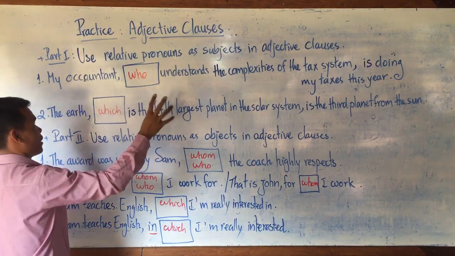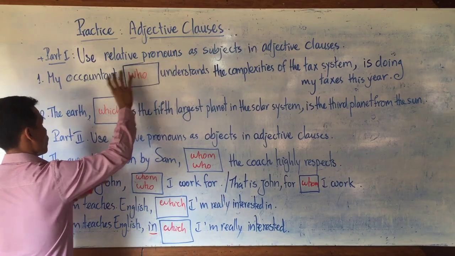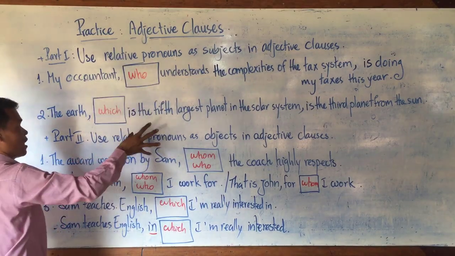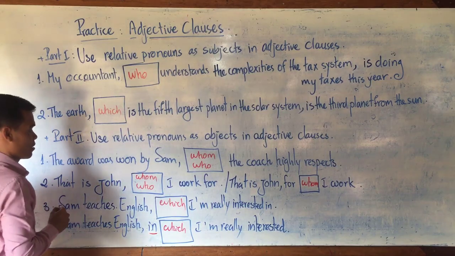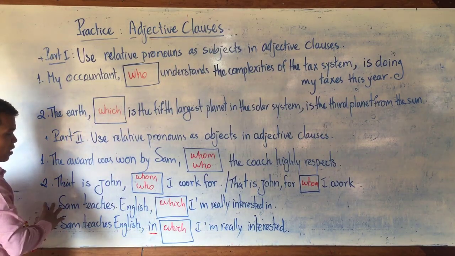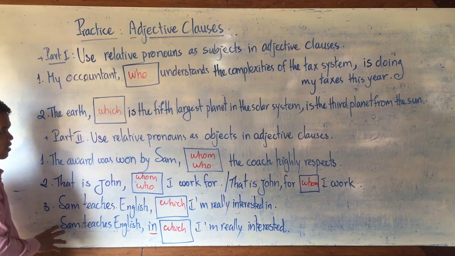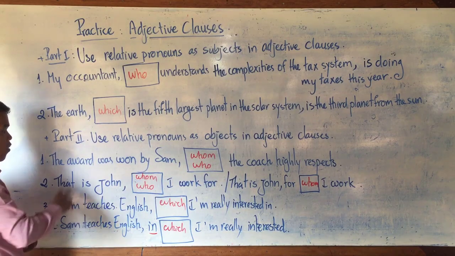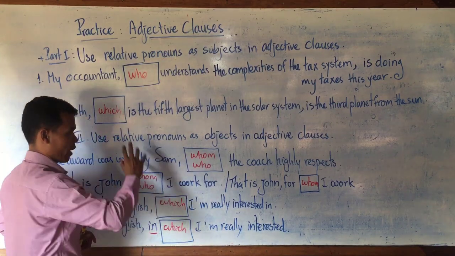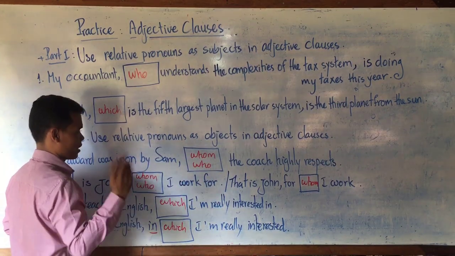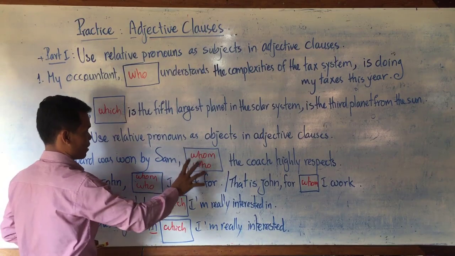So we have only two: who for people, which for things, when they function as a subject in non-defining relative clauses. How about object? For people, we use whom and who. It is not omitted or deleted at all in non-defining relative clauses.